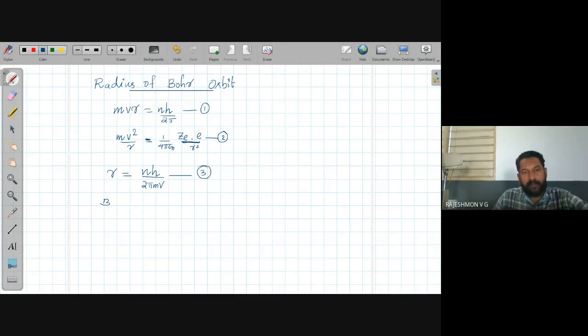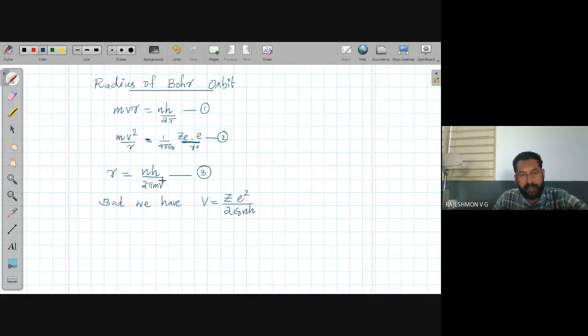But we already have an expression for velocity, which you will get by simply dividing equation 2 by equation 1. We already derived this yesterday. Then v is equal to Ze square divided by 2 epsilon 0 nh. So that is the velocity of electron in Bohr orbit.